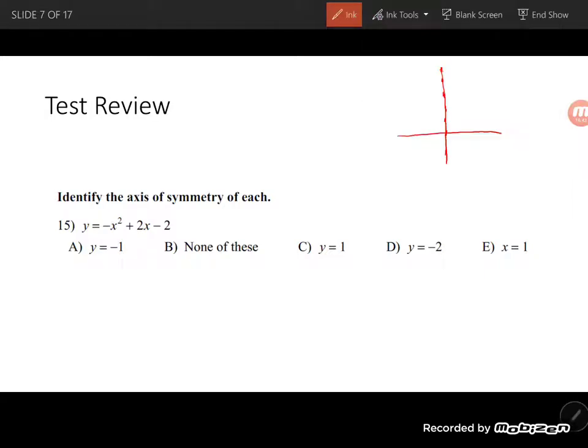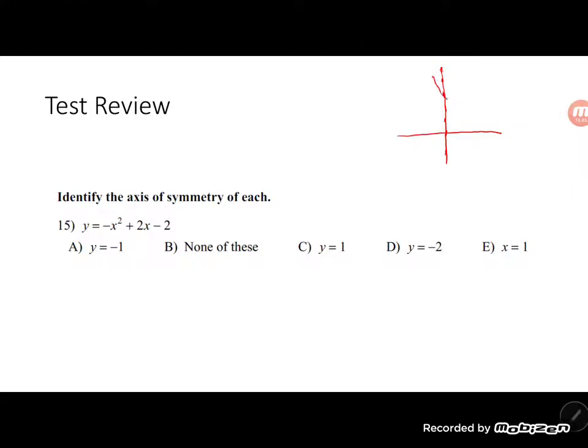When we have a parabola, let's say it looks something like that, our axis of symmetry would be somewhere right there, because it would perfectly divide our parabola into two. Now you realize that we also have a vertex, which is right in the center of the parabola.